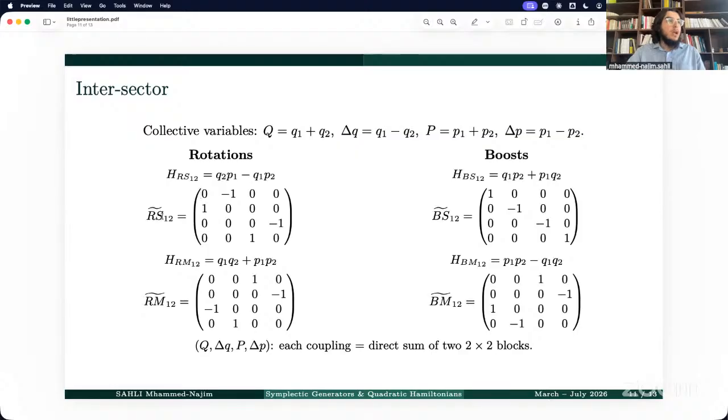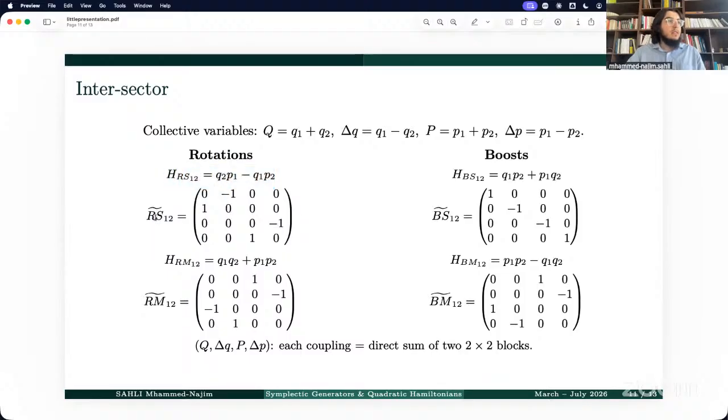For the rotation and the boost appearing when we mix the two degrees of freedom, we get these kinds of matrices. We also get the Hamiltonian linked to those generators.